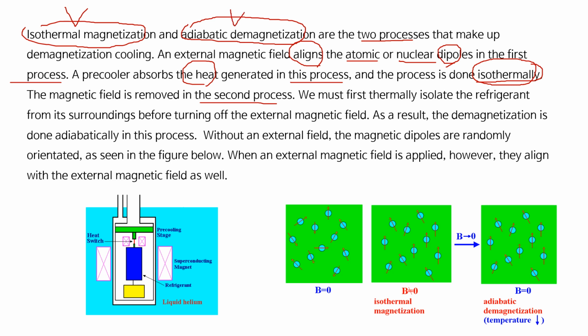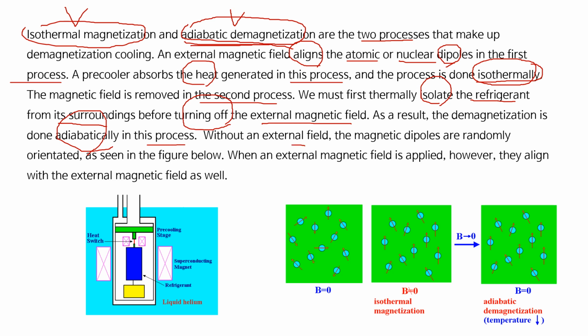We must first thermally isolate the refrigerant from its surroundings before turning off the external magnetic field in the adiabatic demagnetization process. As a result, the demagnetization is done adiabatically in this process.